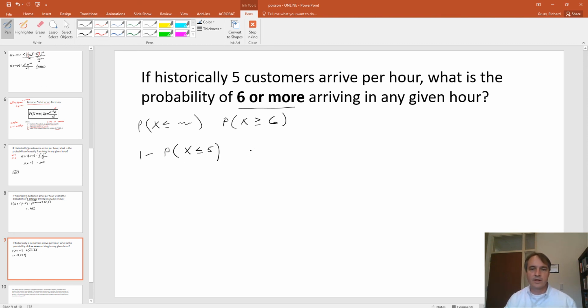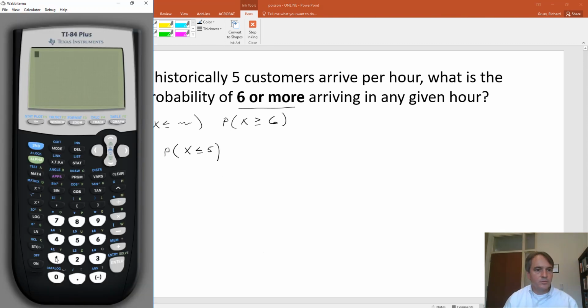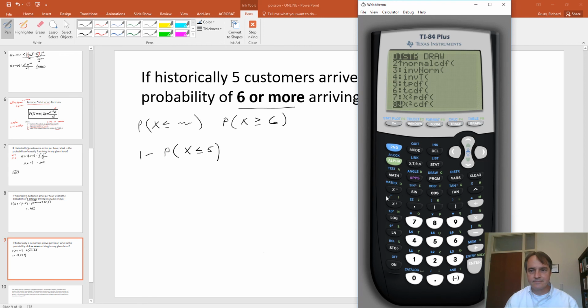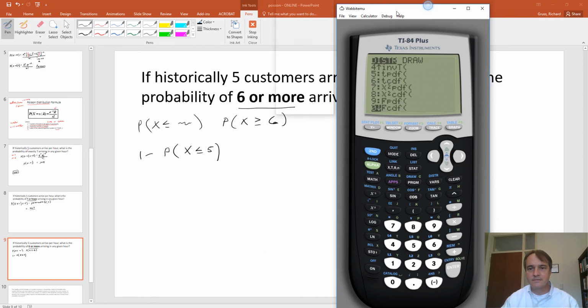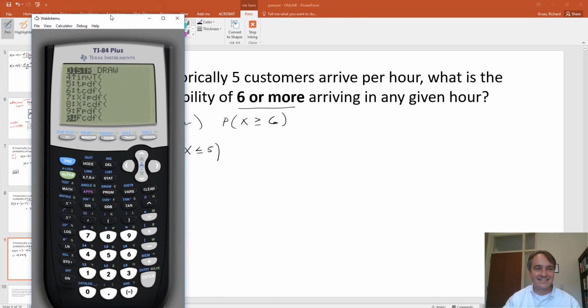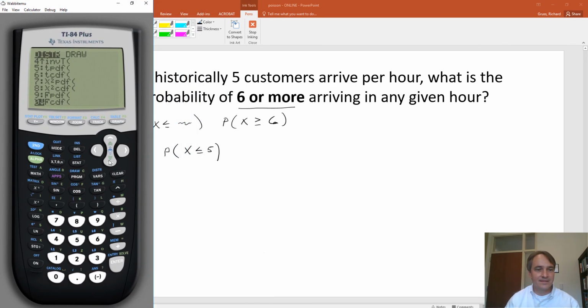Let's go ahead and solve that one then. We're going to do 1 minus the Poisson CDF for 5 and 5.